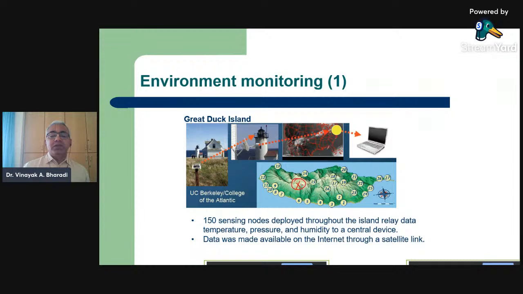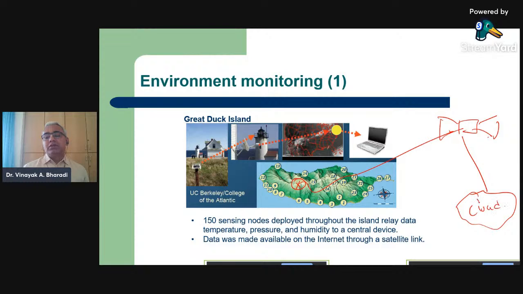All the sensors will upload data to the central device, and then this data will be sent through a cloud application to a satellite link, and here the internet is there, and then you can process how the temperature is varying, how the pressure is varying, and using this, how environmentally stable this habitat is can be decided. Okay, so this is one environmental monitoring project.